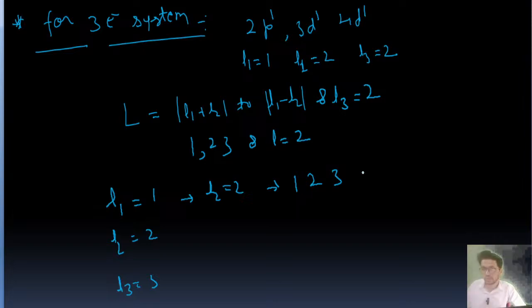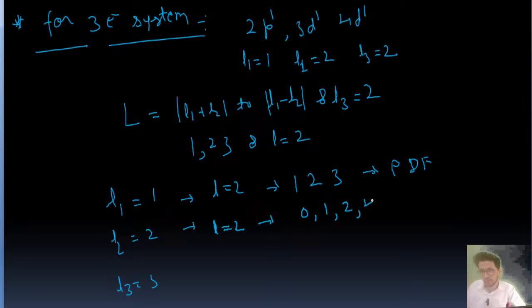So this means P, D, F. And for L equal to 2 and L3 equal to 2, this is going to be 2 plus 2 is 4 and 2 minus 2 is 0, so 0, 1, 2, 3, 4.